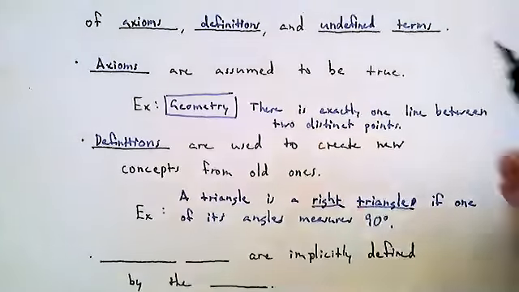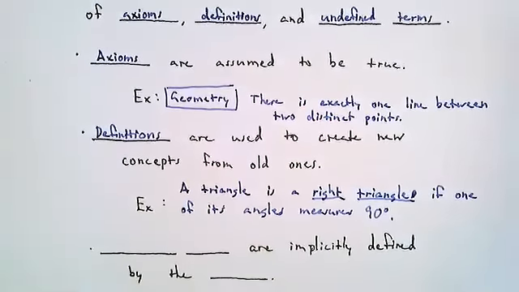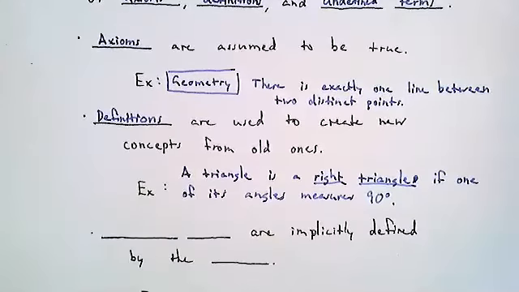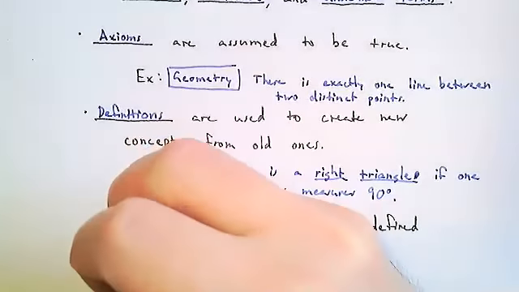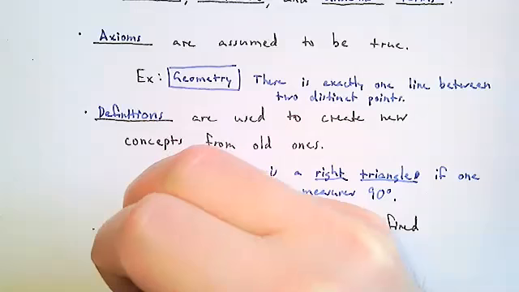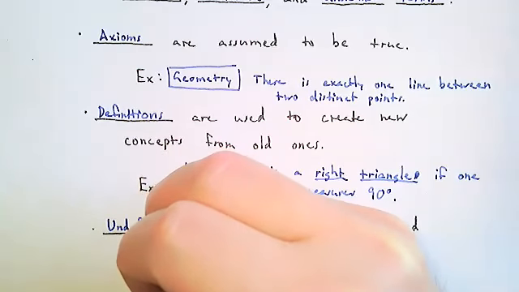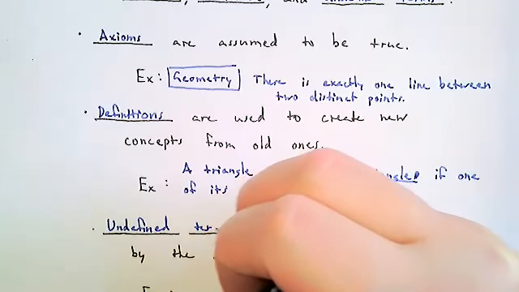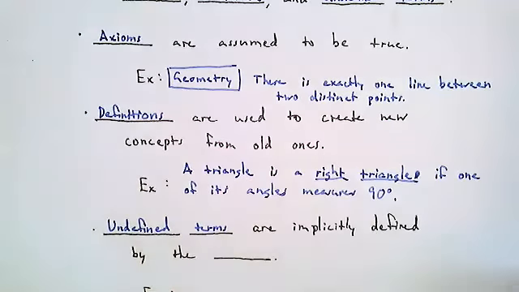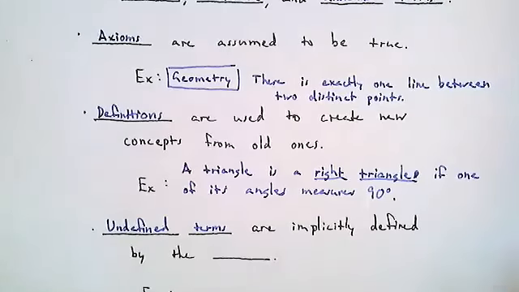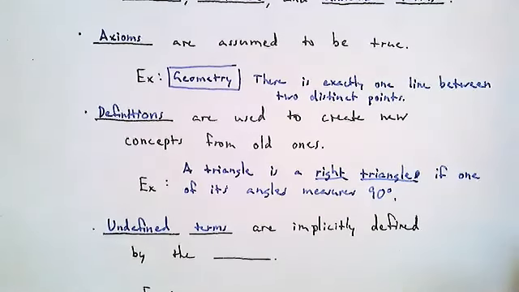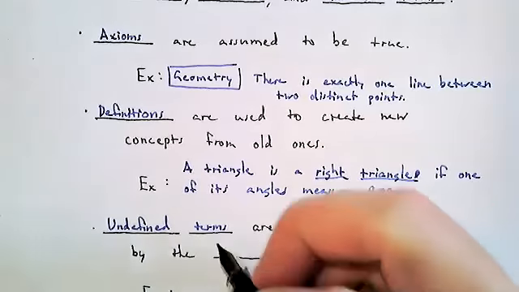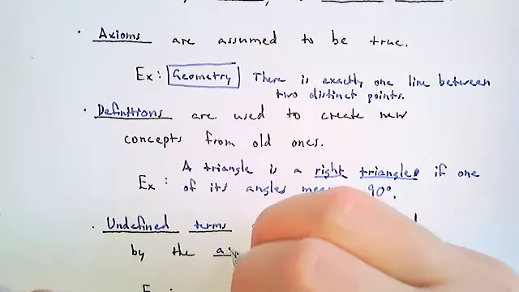Okay, so the last thing, probably the part that was unfamiliar, is the idea of an undefined term. So in any mathematical system, there are going to be certain terms that you don't give a definition. They're just going to be something that is implicitly defined by your axioms.